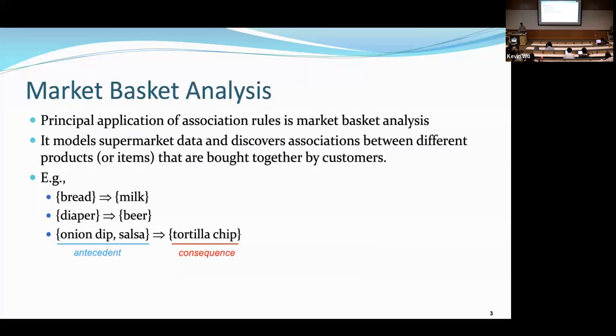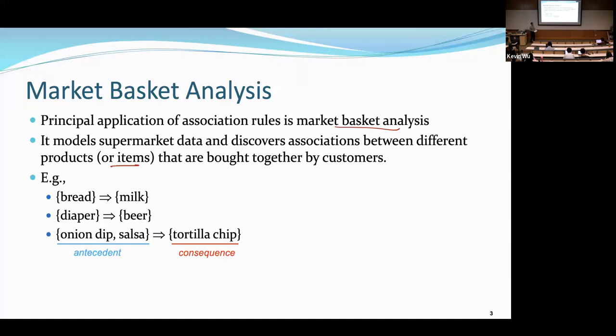All right. So here is the introduction to market basket analysis. The principal application of association rules, which is something that we have mentioned before, is market basket analysis. It models supermarket data and discovers associations between different products or items that are bought together by customers.